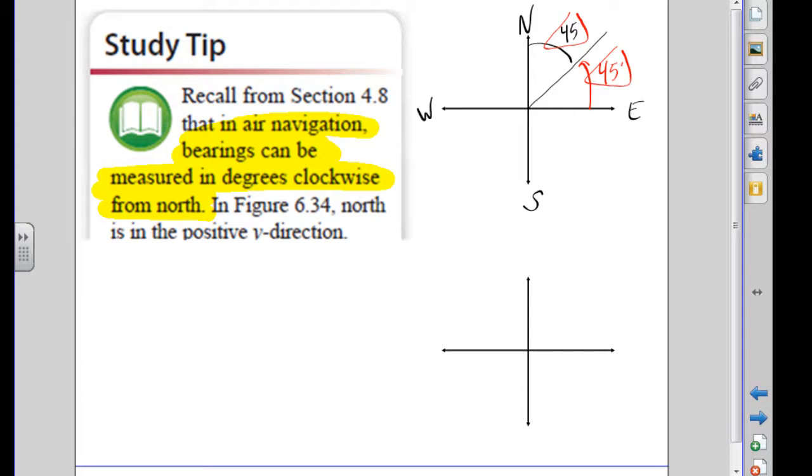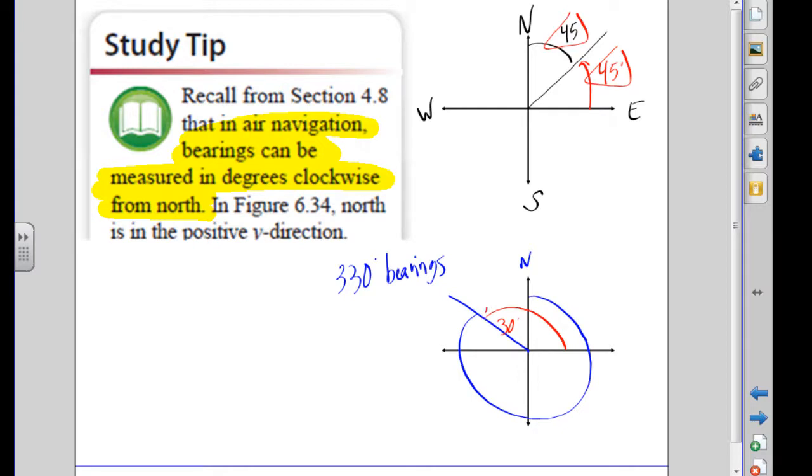So if a plane has bearings of 330 degrees, we again start at north and go around 330 degrees. But unit circle-wise, well, I know this has to be 30 degrees, so this angle would be really 120 degrees. And we would use 120 in all ensuing calculations.